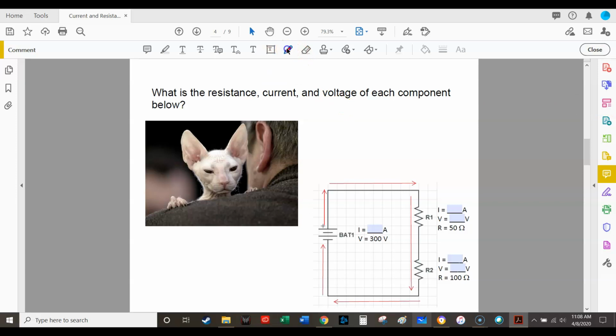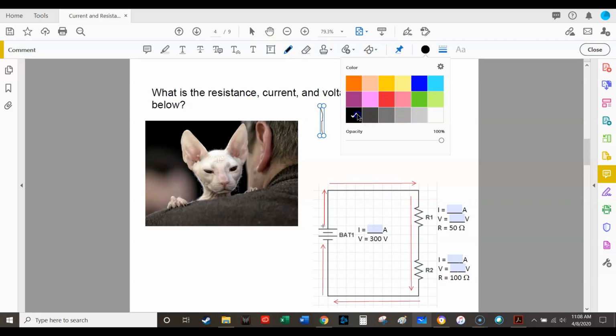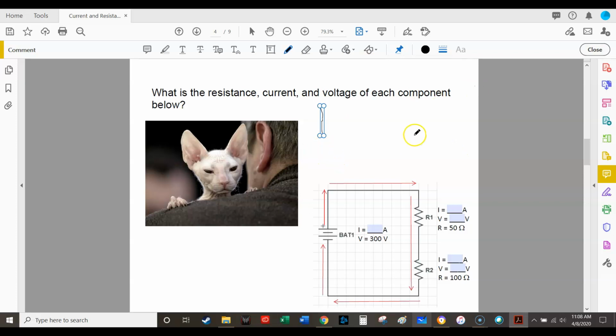And I think I could draw that. So I'm going to basically turn this into one circuit. I'm trying to draw a battery, and hold on a second, I'm going to hook up my little tablet here.